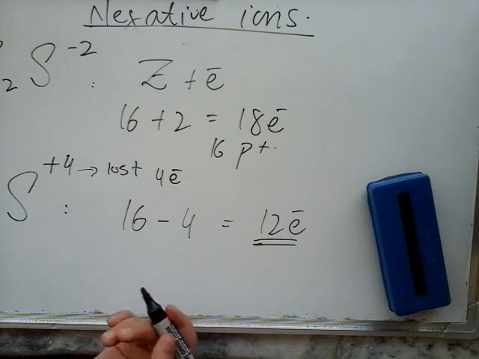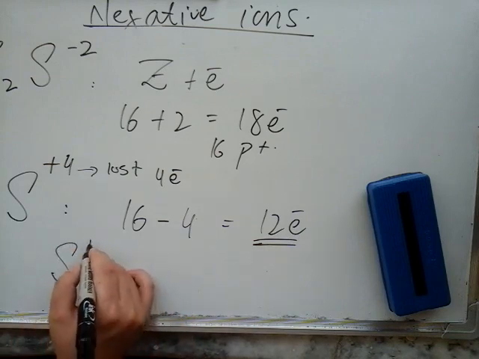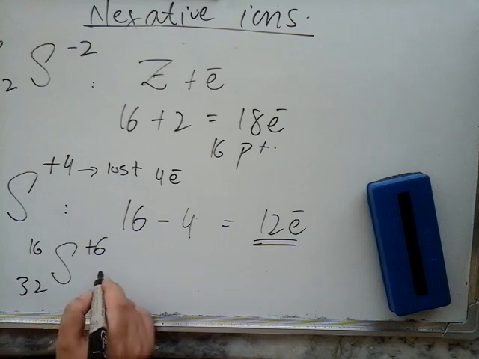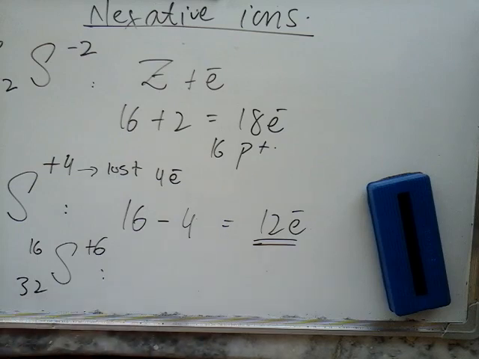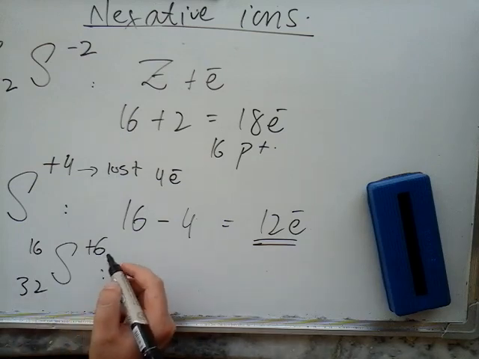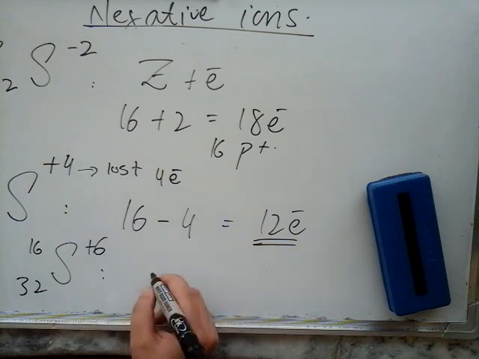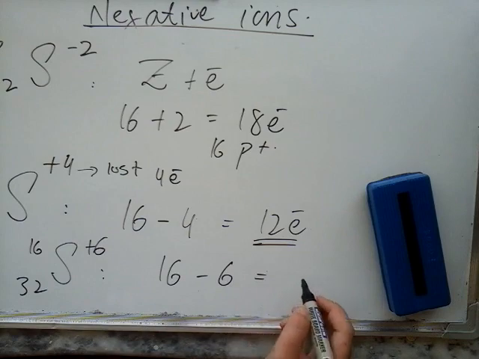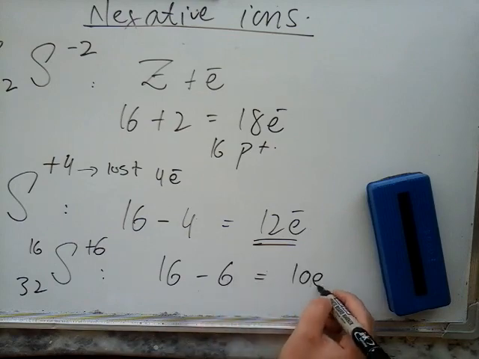In the same case, if the charge of sulfur is plus 6, it means that sulfur has lost 6 electrons. So we need to deduct 6 from its atomic number, 16 minus 6, it will become 10 electrons.